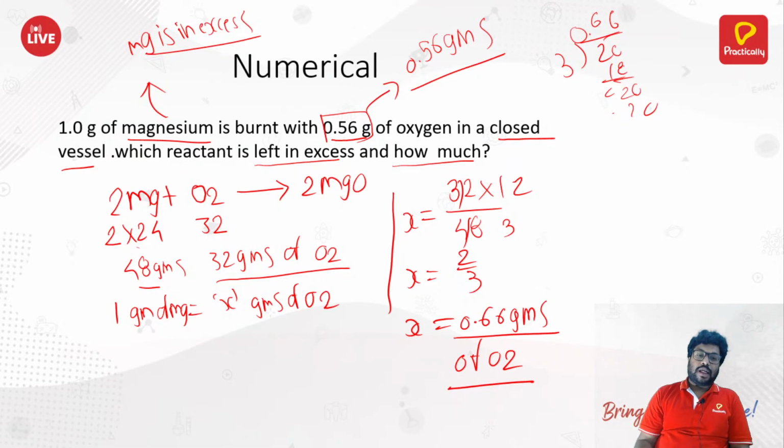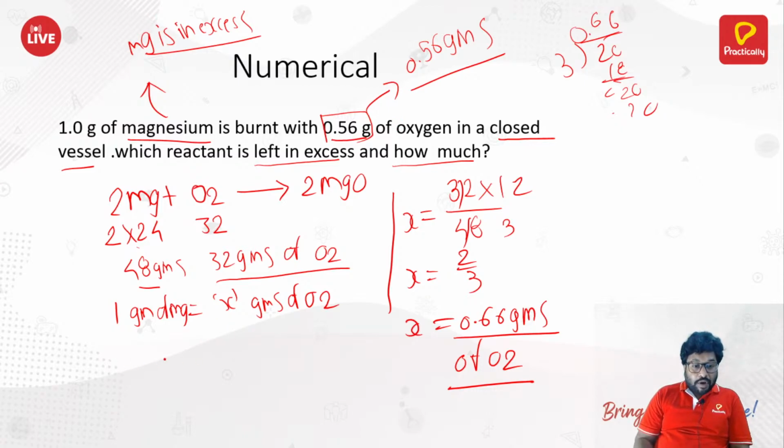But we need to go in a reverse way now. So see, the oxygen required is 0.66, but we have how much? 0.56.